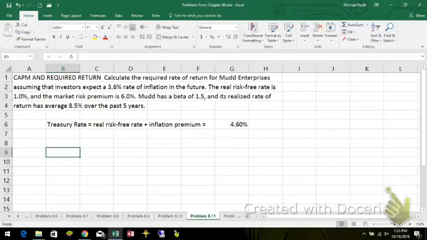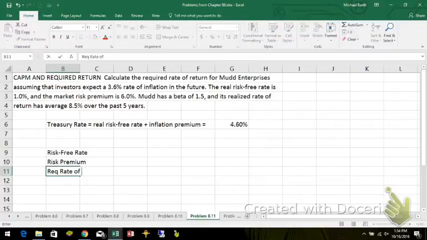I'm trying to calculate for Mudd. So the risk-free rate and its risk premium add up to the required rate of return.